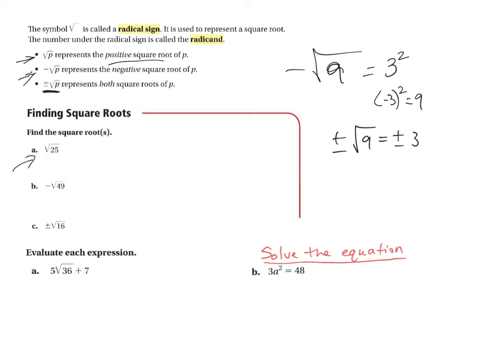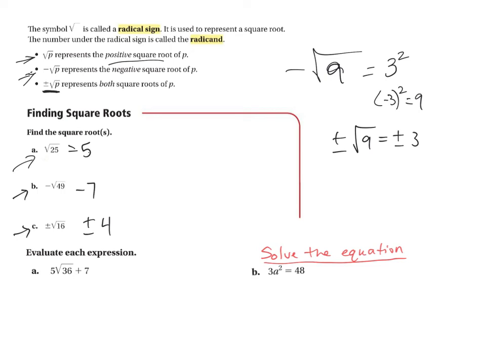And this gives you just 3 examples. Because this does not have the plus or minus in front of it, this is just 5. Because this just shows the negative, that would be negative 7. And because this says plus or minus, they want you to go ahead and say plus or minus 4 as your answer.